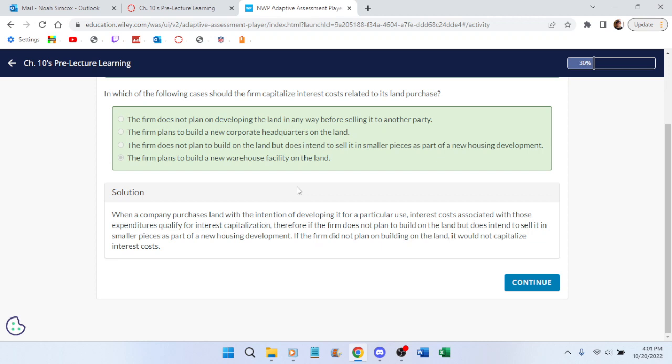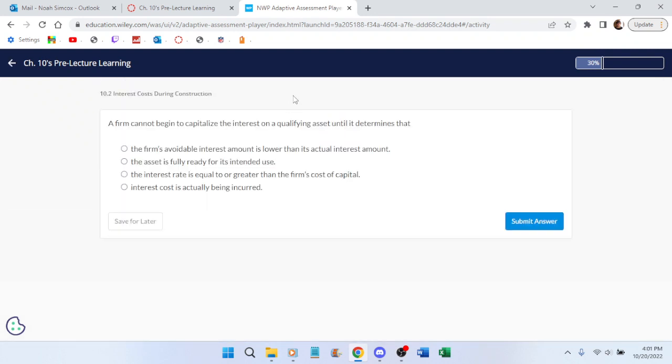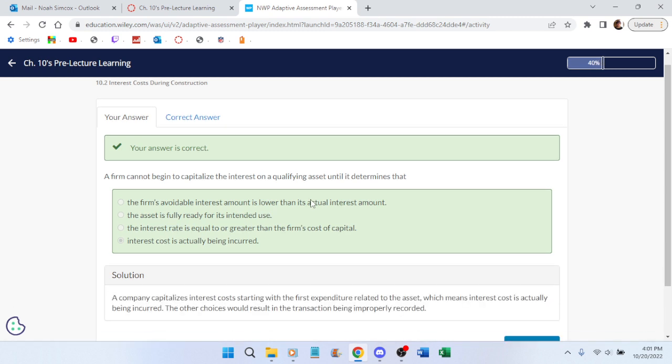Therefore, if the firm does not plan to build on the land, but does intend to sell it... A firm cannot begin to capitalize the interest on a qualifying asset until it determines... that was correct.